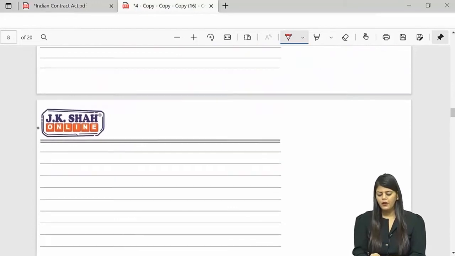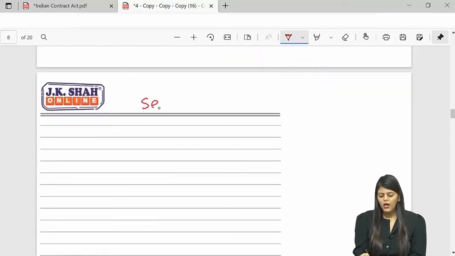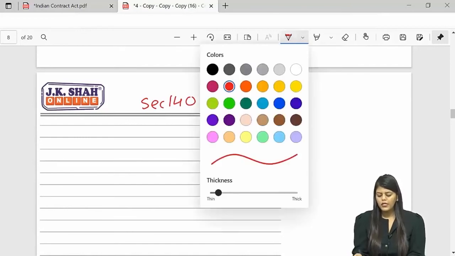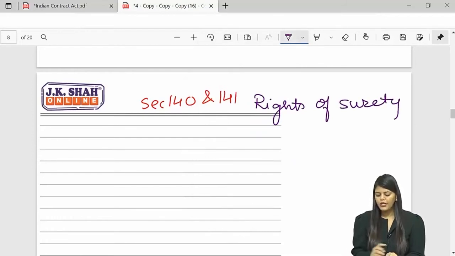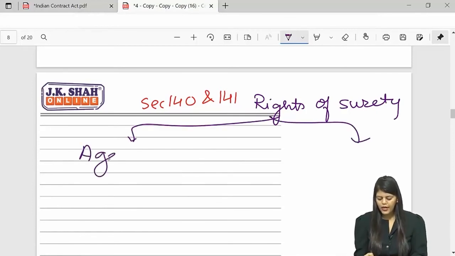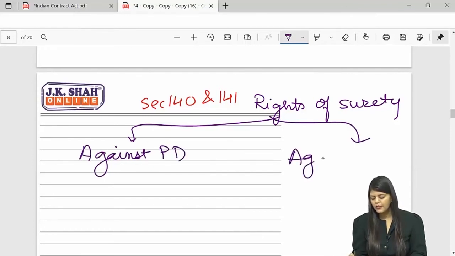Okay. Now, the other sections, 140 and 141, tell you what are the rights of surety. But this surety is having rights against two people. Surety is having rights against the principal debtor as well as against the creditor.